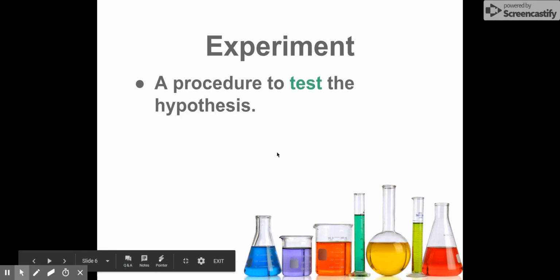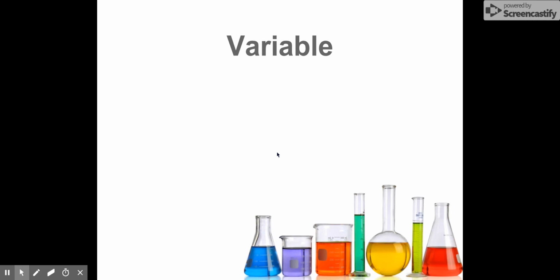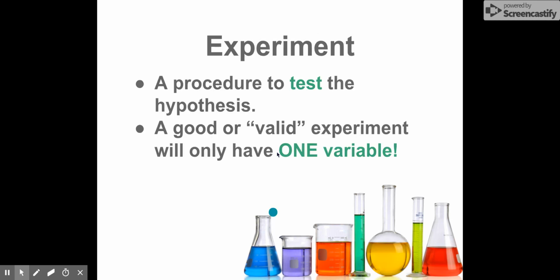So the experiment. This is typically the procedure where we test our hypothesis. So again, like I mentioned, we have to have a hypothesis where we're able to conduct tests. So a good or valid experiment will only have one variable. So we'll talk about variables shortly in this PowerPoint.